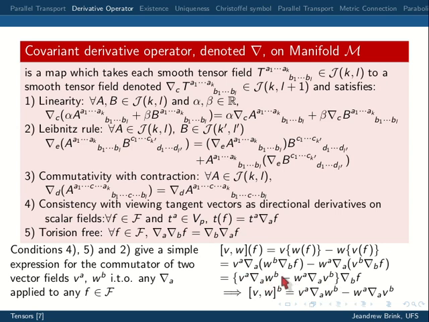Okay, so the components of the commutator of two vectors is simply the vector contracted with the gradient of the other vector minus the other vector contracted with the gradient of the first vector.